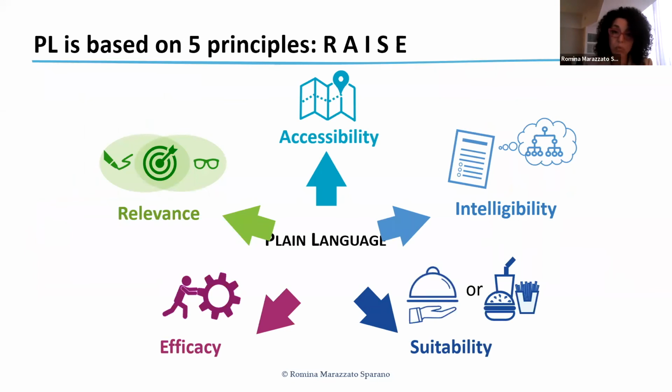The relevance is working with your context, accessibility is working with your structure and the design of that structure, intelligibility is the wording itself, which is something that sometimes we see a document and it looks great, but then when we dive into the way it was worded, it really has a lot of problems. The suitability is including in that wording, and I bring it out because once you have a readable document, for instance, for a technical audience, you can really adjust the style, the adequacy or suitability to a different audience, and then the efficacy with trying to check in different ways.